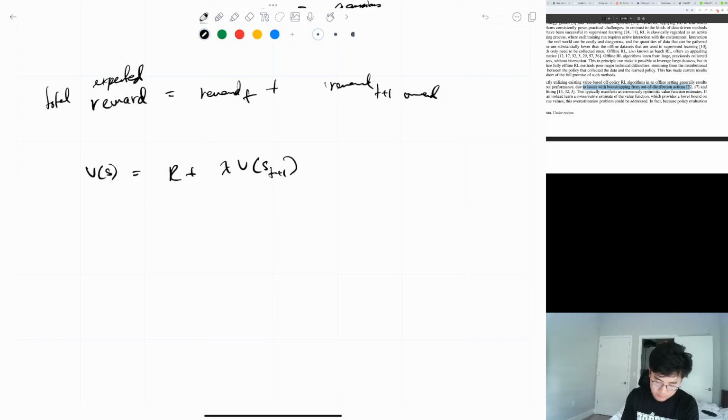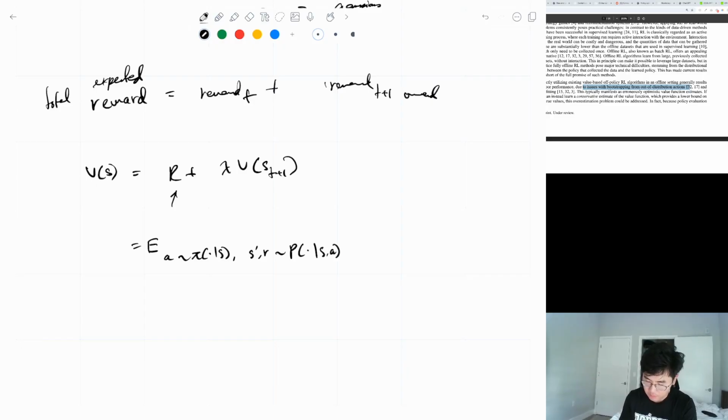The value of a state is given by the reward that you can get at that state plus a discount factor as you transition into the next state. What is the expected reward? Really, this should be written as the expectation of you take some action sampled from your policy, and after you take the action, what is the new state and reward that you get from stepping through your environment.